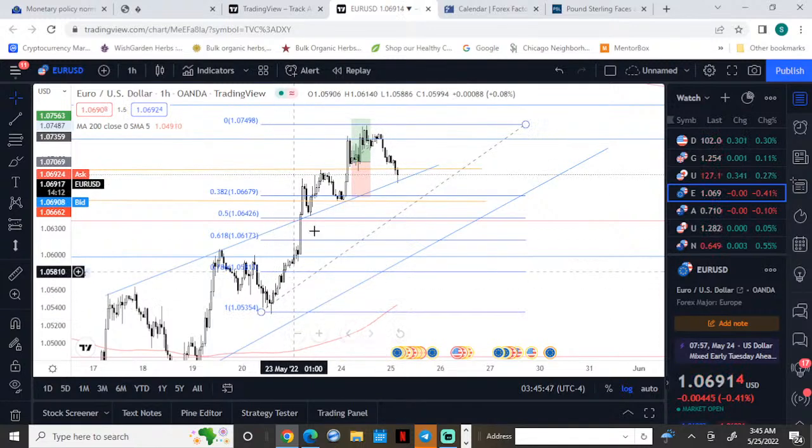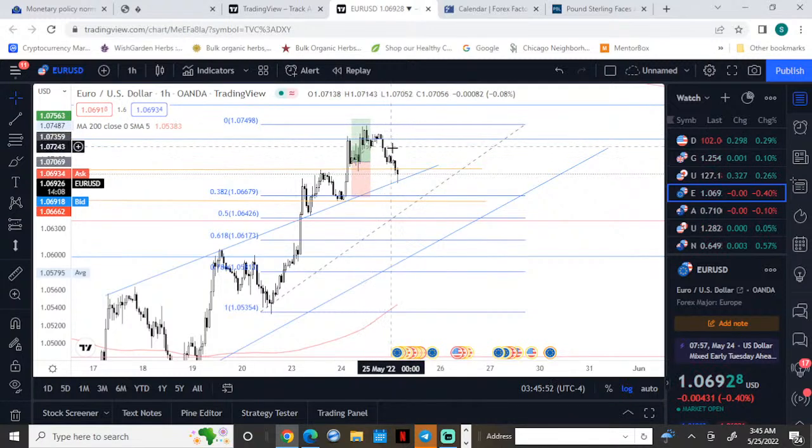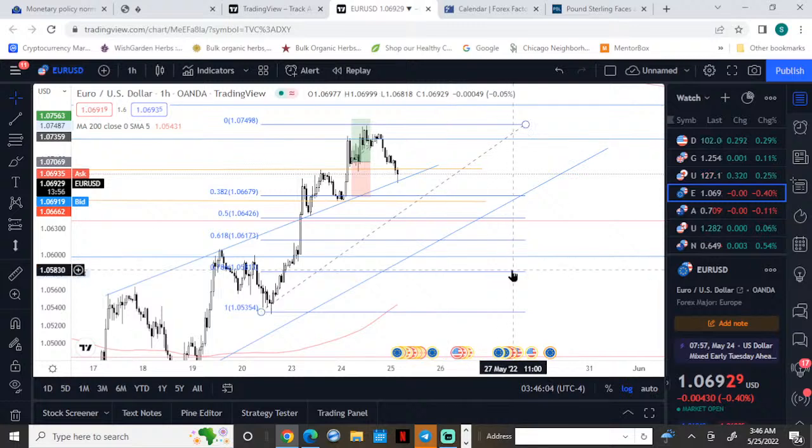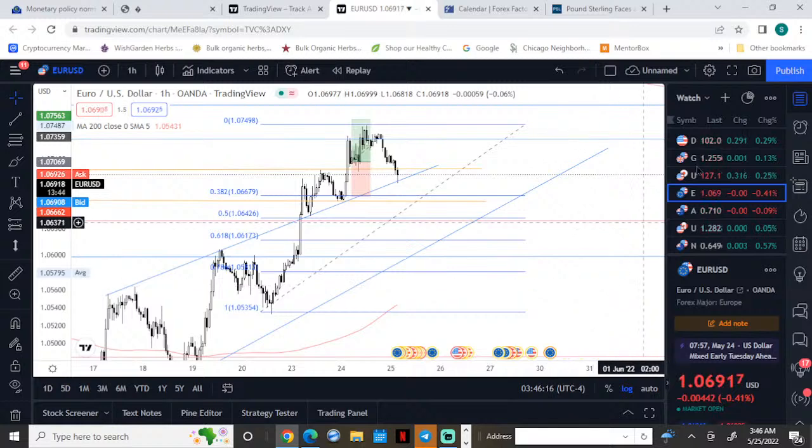So point A to point B, and we're getting this nice pullback. Price could pull all the way back down in here to this 618 and retest this trend line and continue higher, which would mean that the dollar pullback would be pretty high.